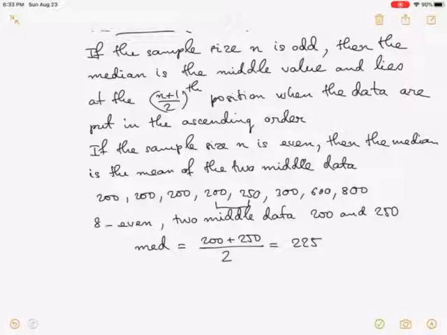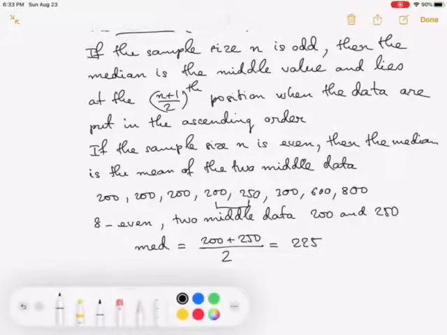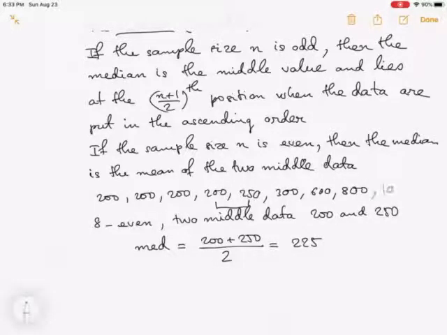Okay, now suppose that we add one more cell phone with the price 10,000 to the data.